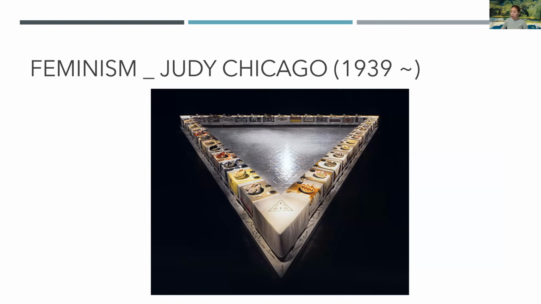Arranged around a triangular table are 39 place settings, each one created in honor of an influential woman, such as the Egyptian ruler Hatshepsut and the novelist Virginia Woolf. And the names of an additional 999 important women are written on the tile floor in the center of this work.